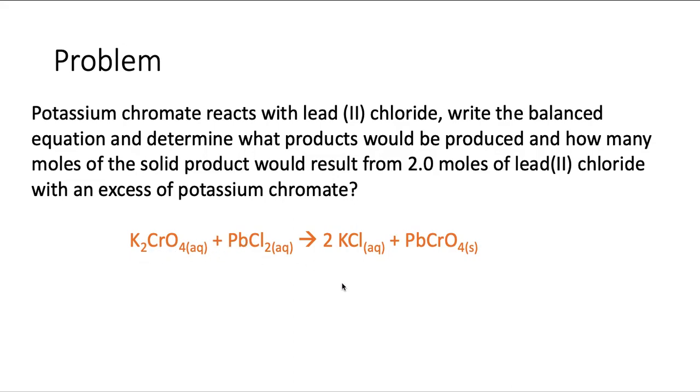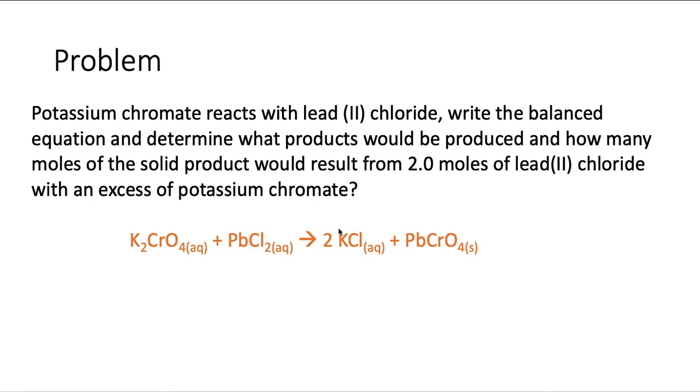All right, now that I have this reaction, the question also asks me, how many moles of product, the solid product, would I get from 2 moles of lead 2 chloride, which is my reactant here.